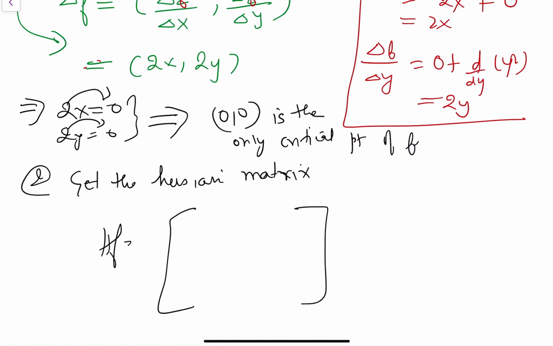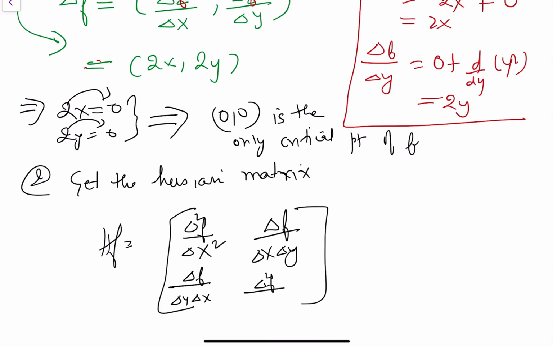So H of f will be del 2f by del x2, these are higher order partials, then you have a mixed partial del 2f by del x del y, then another mixed partial del 2f by del y del x, and then del 2f by del y2. Sorry, the notation is a little wrong here.